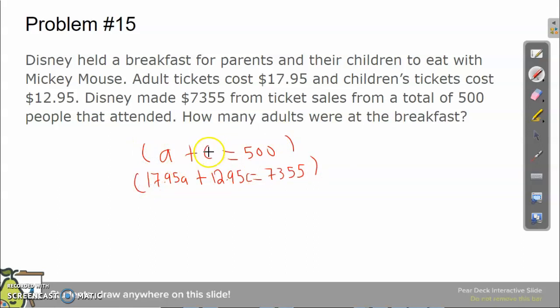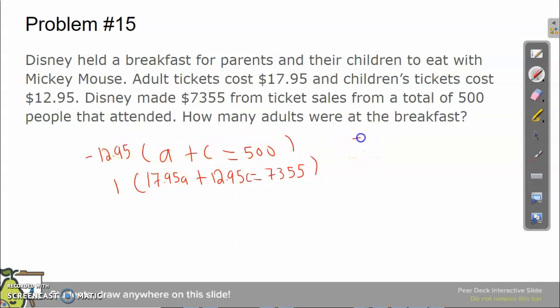How many C's are here? There's only one. So you're going to put one right here. And then how many C's are down here? Well, 12.95. But remember, one of them needs to be a negative. Which one do you want to make a negative? It doesn't matter. I'm going to make the top. So here we go. You're going to distribute and then solve. You distribute this number to everything.